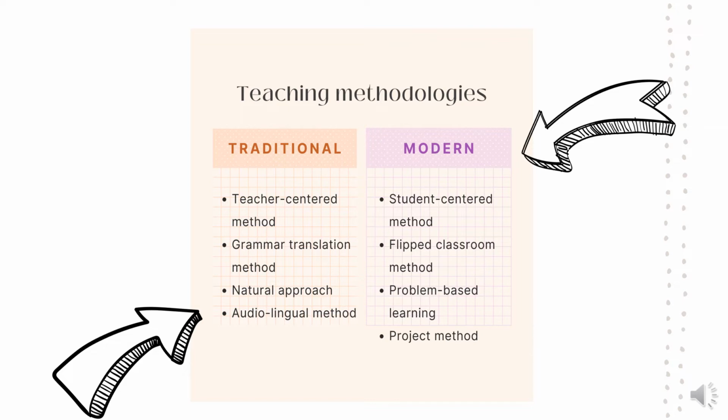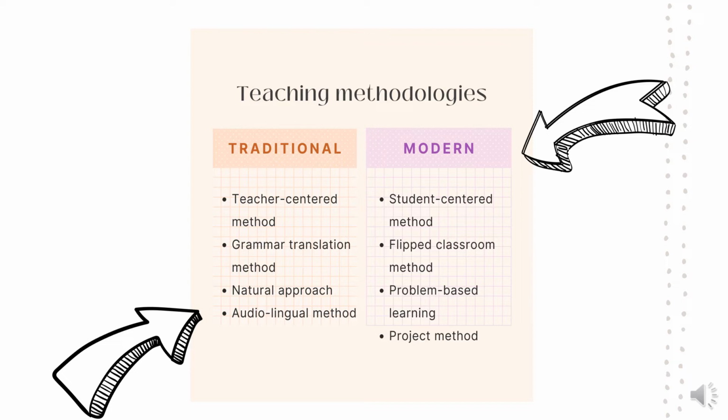silent way. It's very interesting, where the teacher is giving the student a set of words, for example, or pictures, showing and acting but not saying anything. So the student has to say the word, say the phrase.